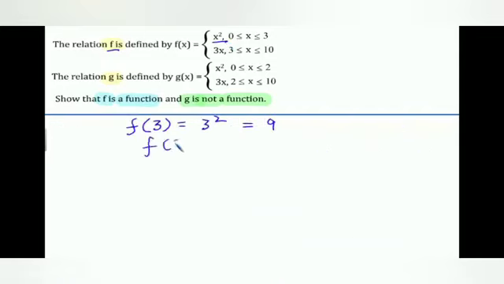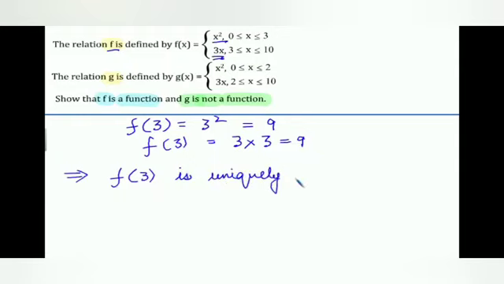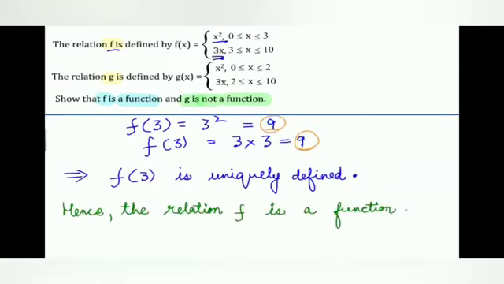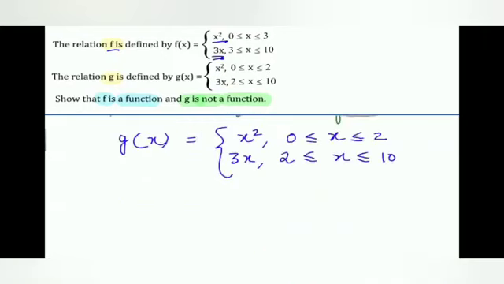You can also select, when x is equal to 3, f of x is equal to 3x, so 3 into 3 is equal to 9. So here 3 is related only and only to 9. So f of 3 is uniquely defined. Our definition of function was that the first element should not repeat. So here the first element 3 is paired with 9 only, hence the relation f is a function.